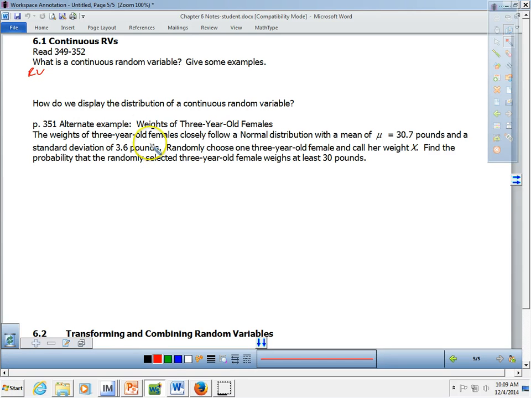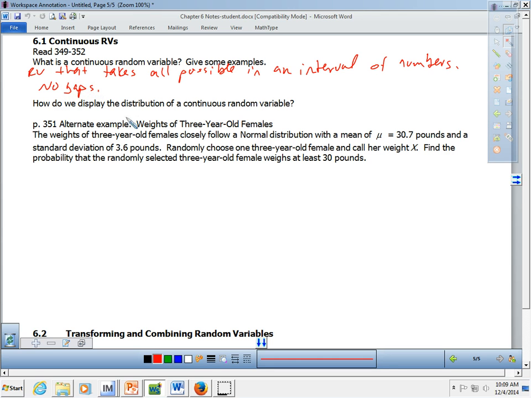And it's still a random variable, but it's a random variable that takes on all possible values in an interval of numbers. So there's no gaps. So there's not going to be any gaps between your values now, right?